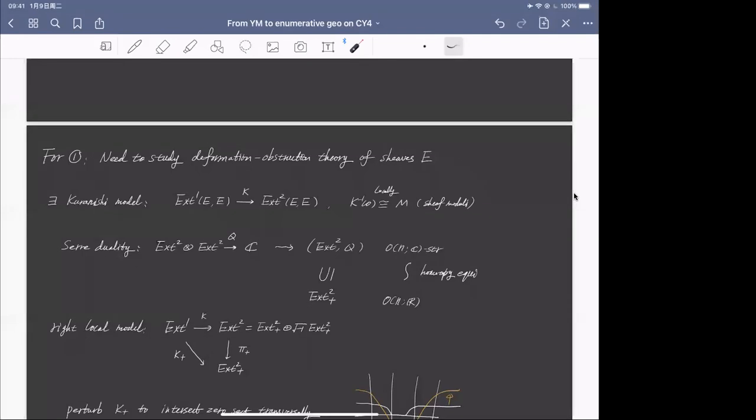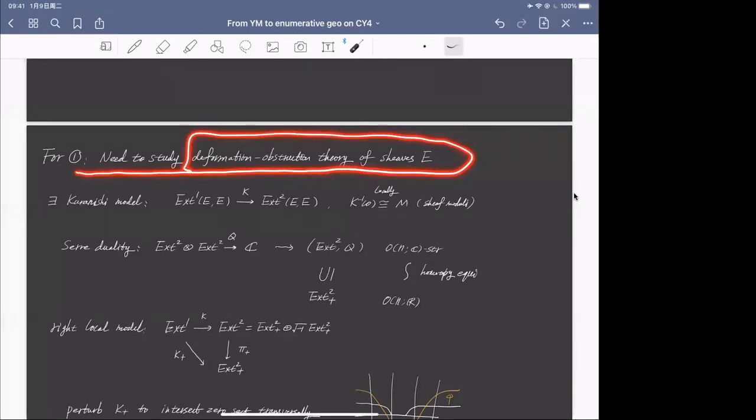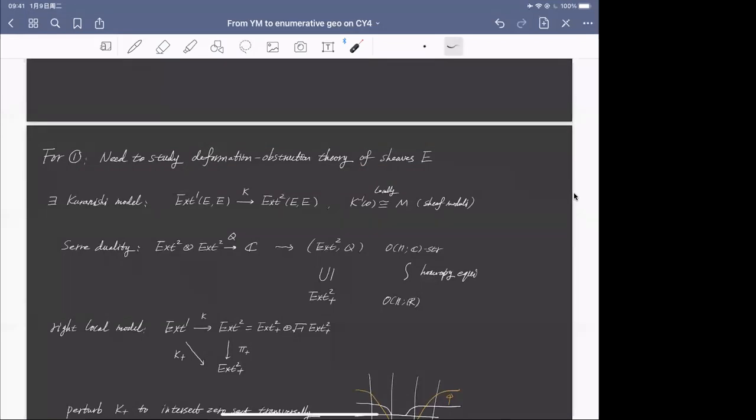So the thing is that we need to study the so-called deformation obstruction theory of sheaves. What this means is that we have a so-called local coordinate model for this moduli of bundles or sheaves. It says that we have a first order deformation space parameterized by Ext^1(E,E), and we have an obstruction space parameterized by Ext^2(E,E).